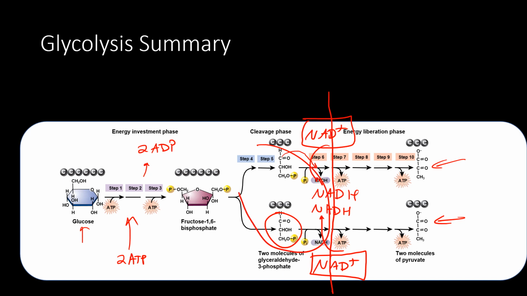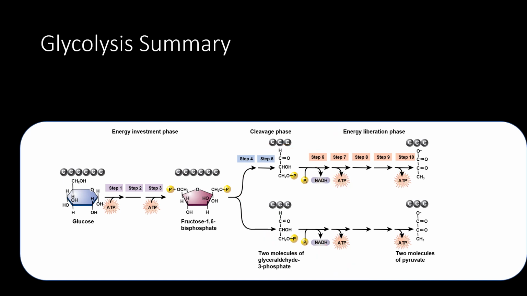These things will build up in the cell and be useless, and we will not be able to extract the ATP from it. That's very important. We'll talk about why that's important when we do fermentation later. For now, just understand we need this NAD+ to pick up the energy to allow the process to continue.